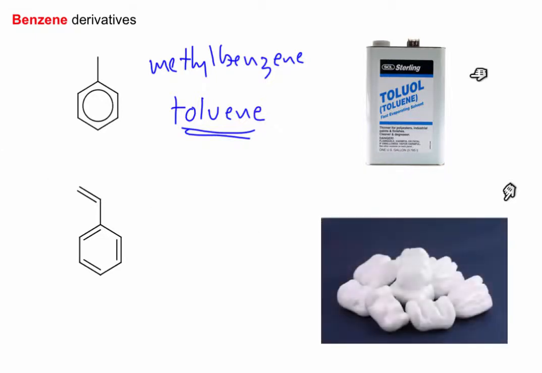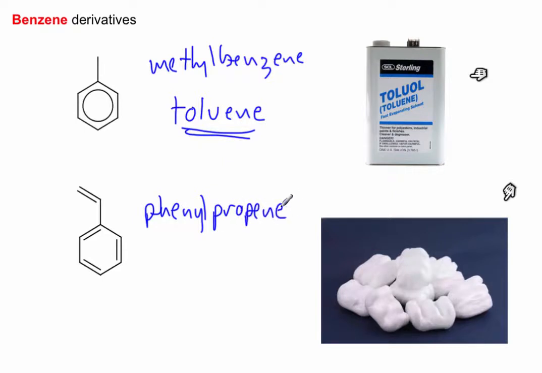Here's another one, and I'm sure you've come across this in your travels. Do you recognize what that is? That's actually polystyrene, styrofoam. And so this is the precursor to that, this benzene derivative. And so what we have here is a phenylethene. Sorry, phenylpropene. So phenylpropene is the systematic name for that.